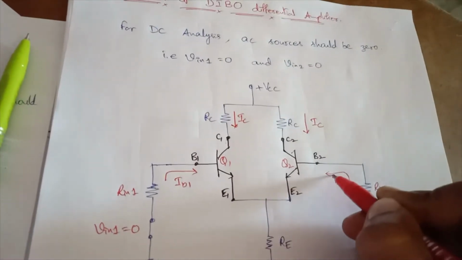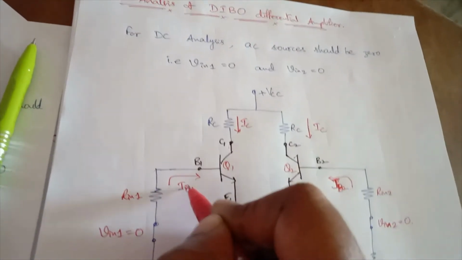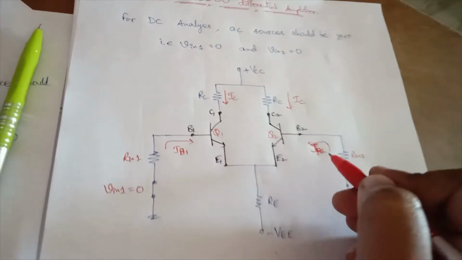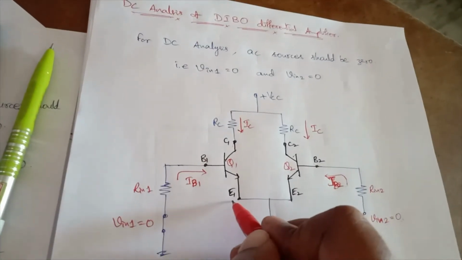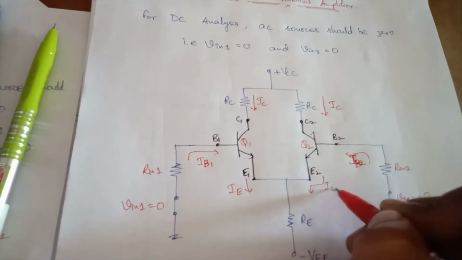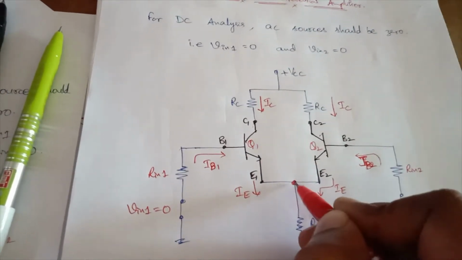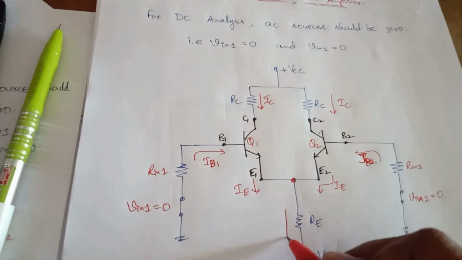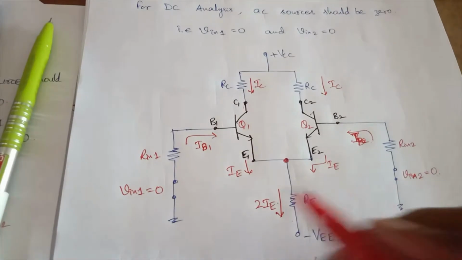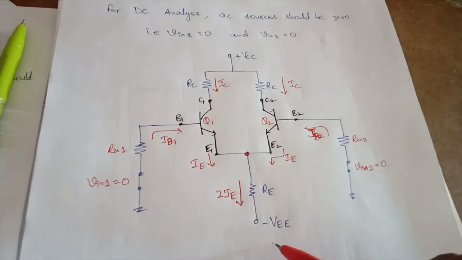Sorry, this is DC current, so I represent it with capital IB, so IB1 and IB2, or simply IB and IB. In the same way here we get the same currents. This current is IE and this current is also IE. Here we have the junction, therefore these two currents combine and the current flowing through RE is 2 IE. So now we have the currents passing through the circuit due to these two DC supplies.